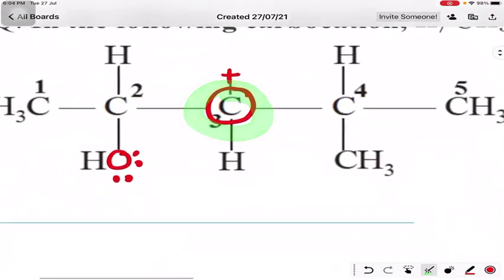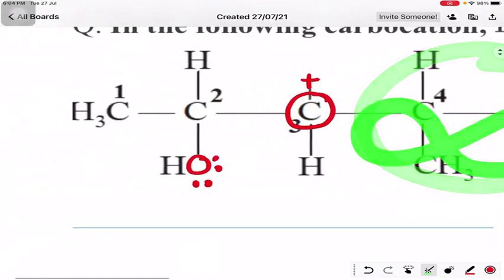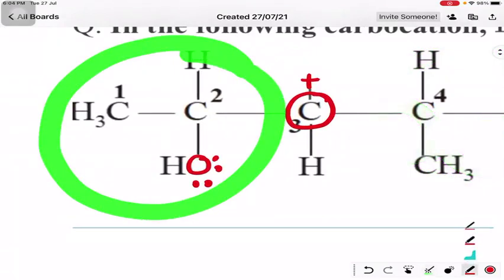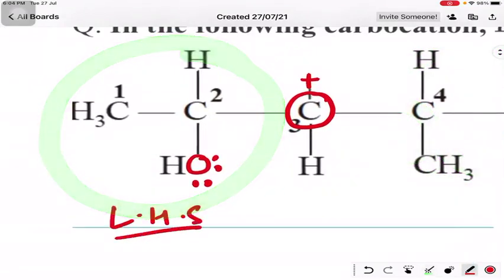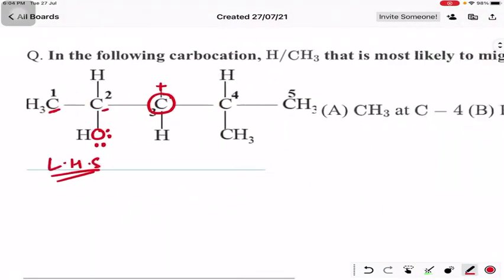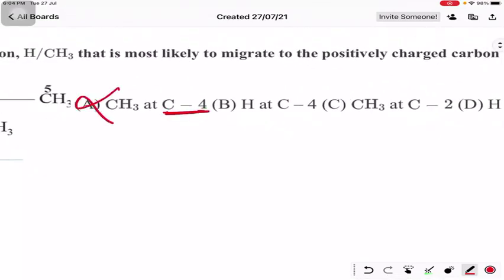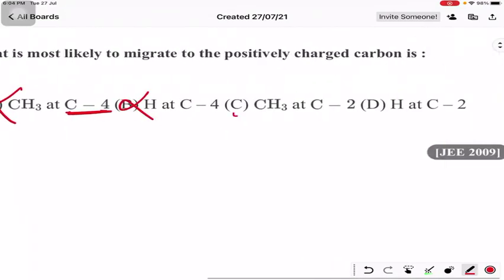It means there is no OH group, so migration cannot be from the right hand side, but migration will be from the left hand side. So it is obvious that migration will be either from carbon number 1 or carbon number 2. So option 4 cannot be the answer, so we are left with C and D.